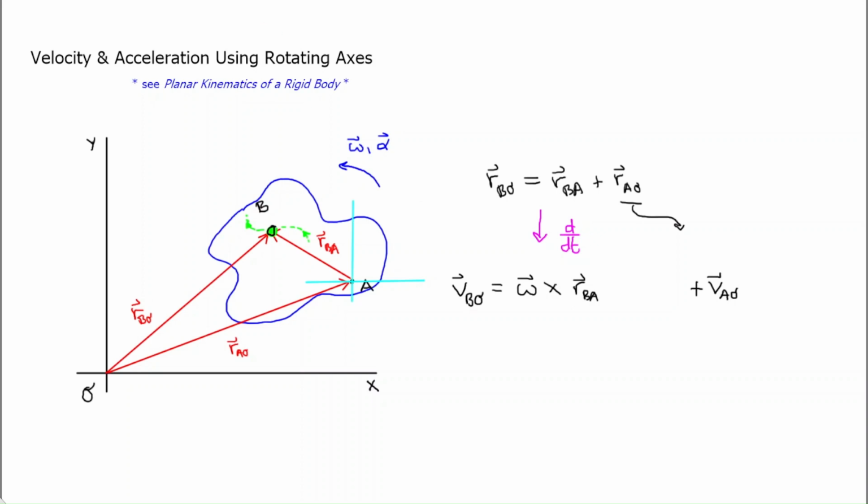Sometimes we call these X prime and Y prime axes, which are themselves rotating along with the rigid body at the rates omega and alpha. But this particle, which just happens to be at point B right now, itself is moving with respect to the rigid body, or at least with respect to these rotating coordinates.